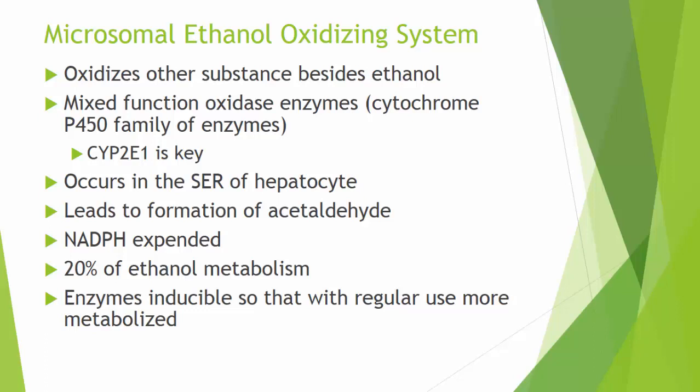The MEOS occurs in the smooth endoplasmic reticulum of the hepatocyte. It leads to the formation of acetaldehyde, NADPH is expended, and in the metabolism of ethanol, this represents the metabolic pathway where 20% of the ethanol will be metabolized.